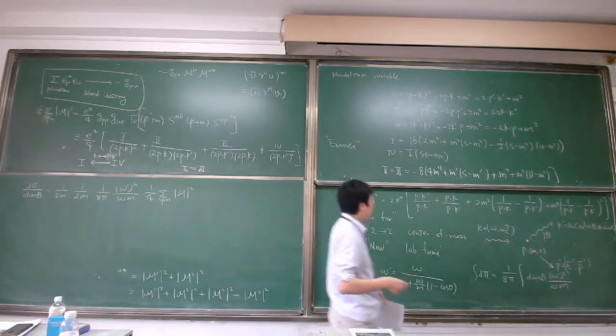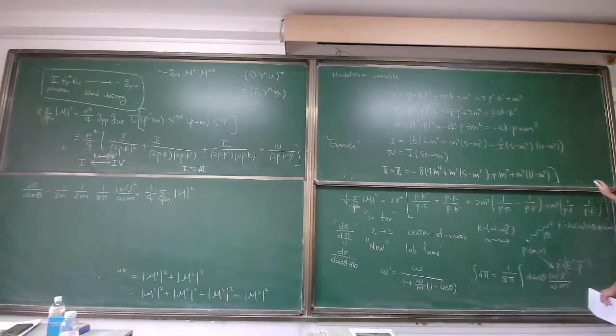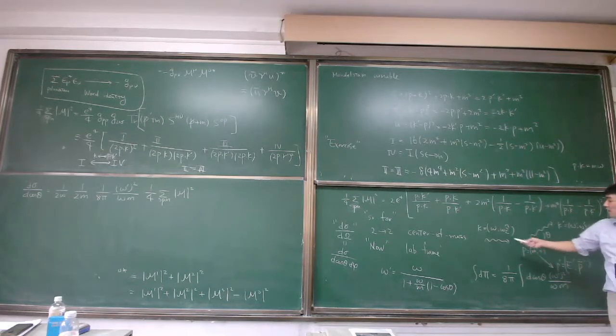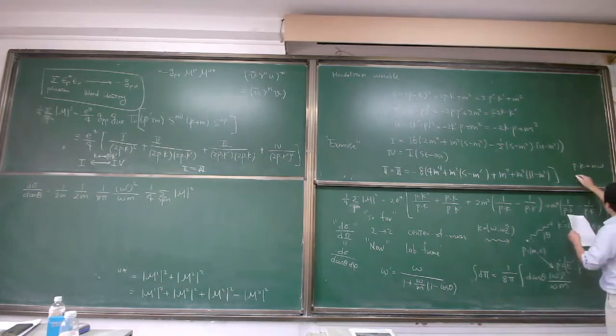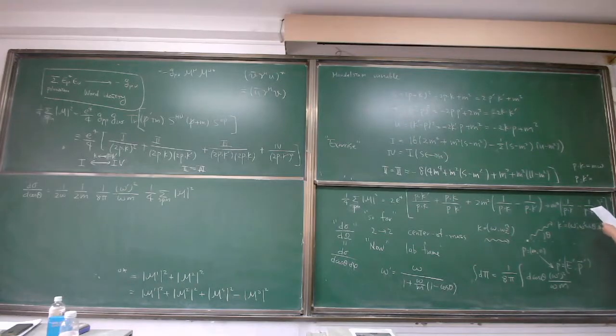To be careful, in this lab frame, P dot K is easily derived to be m times omega. You can easily see, P is this guy, and K gives m times omega. And P dot K prime is equal to m omega prime. Then just use this kind of relation. Everything is written in terms of P dot K and P dot K prime.